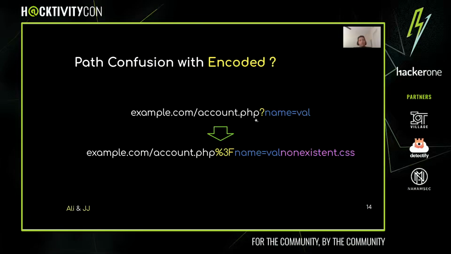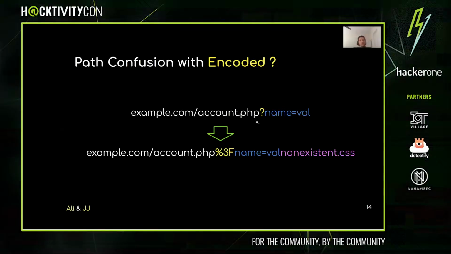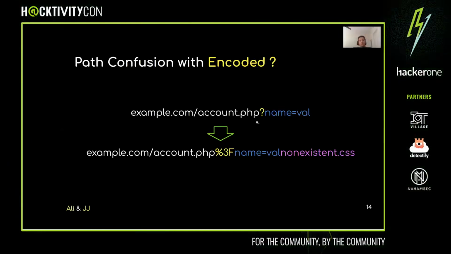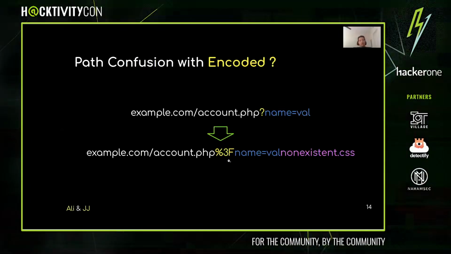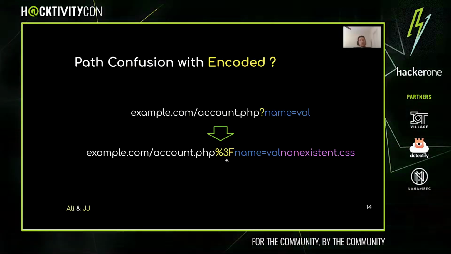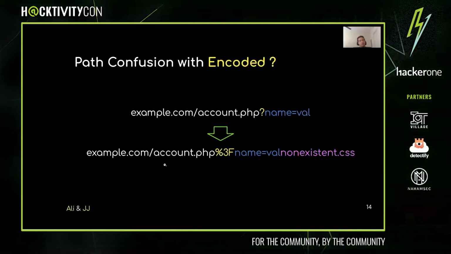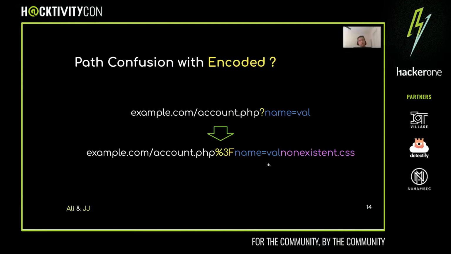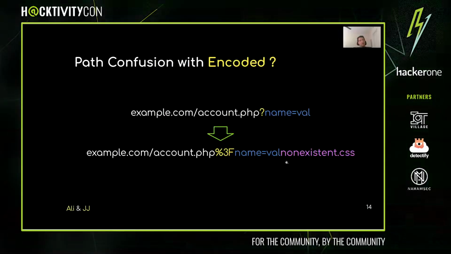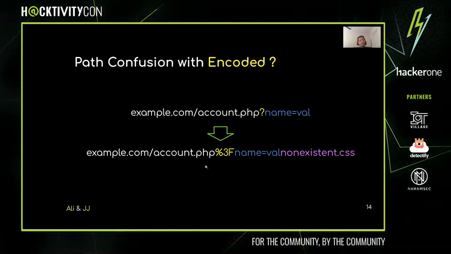As JJ said, the traditional exploitations only add one slash at the end of the file and make a confusion for the caching proxy, but this might actually target different caching proxies that are not configured to decode the URL string and will accept that %3f as part of the file. Most probably, in the case of caching proxies or CDNs, now the file is account.php%3f and the whole string.